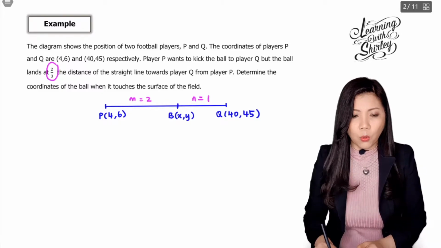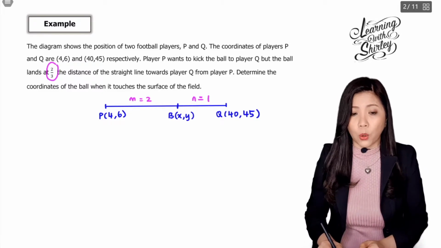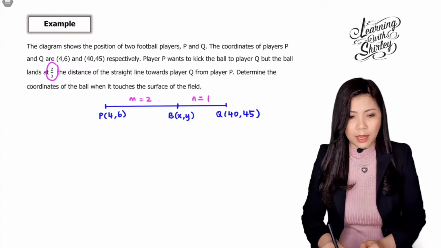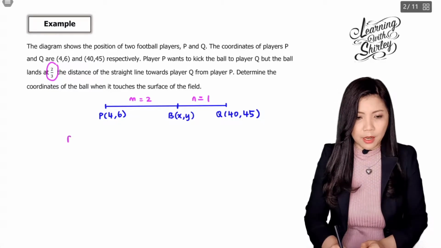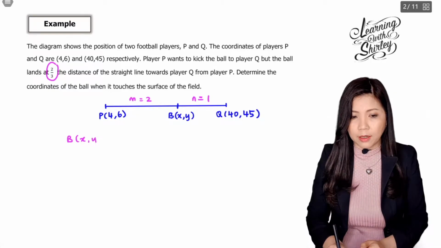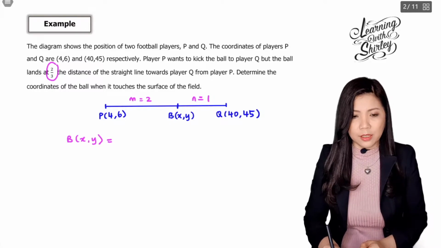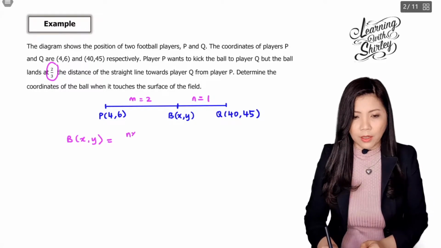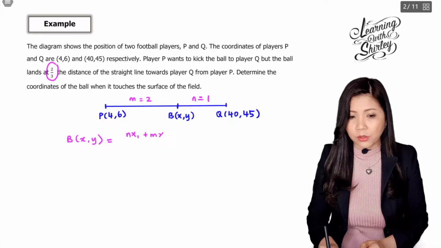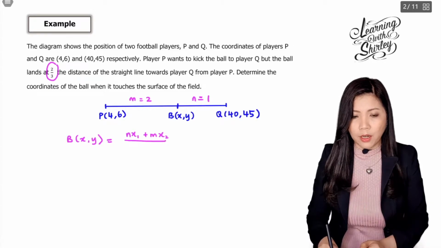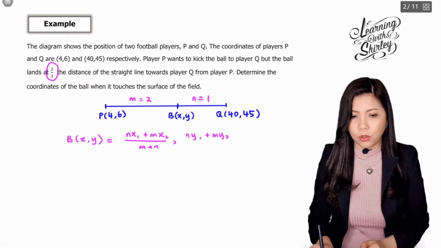Now we're going to use the formula to find the coordinate of B. So B(x, y). I write down the formula first: (nx1 + mx2) over (m + n), comma, (ny1 + my2) over (m + n).